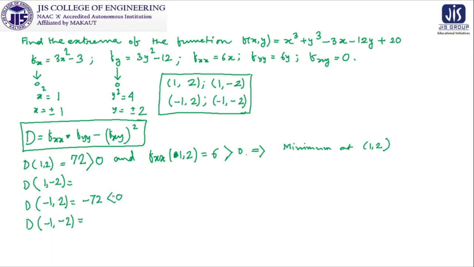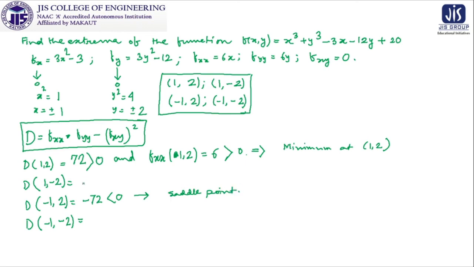And what is the conclusion? If D is less than 0, then our conclusion is that no extrema is there at this particular point. Though it is a critical point, we are not going to check fxx at this value, and our conclusion is that (-1, 2) is going to be a saddle point.